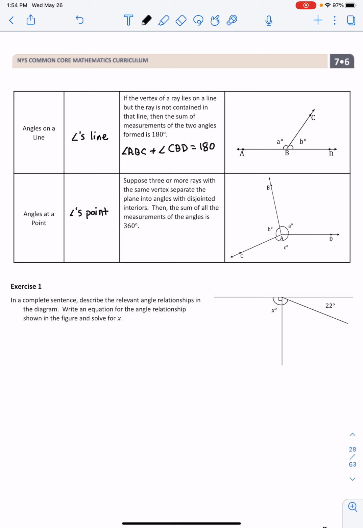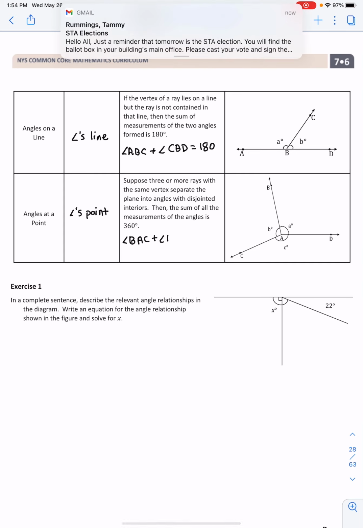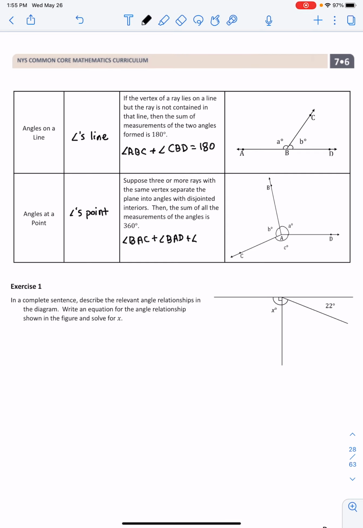So then angle BAC plus angle BAD plus angle DAC equals 360 degrees. So that is our review of our different angles.